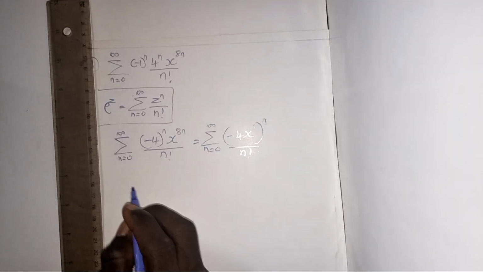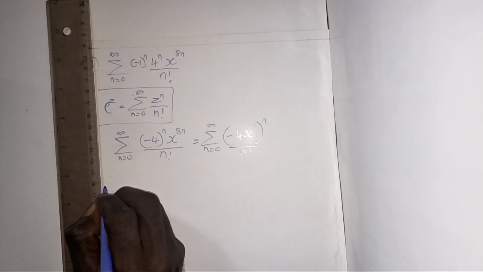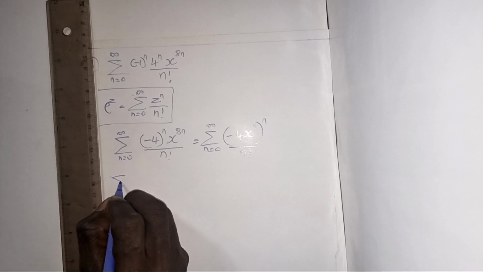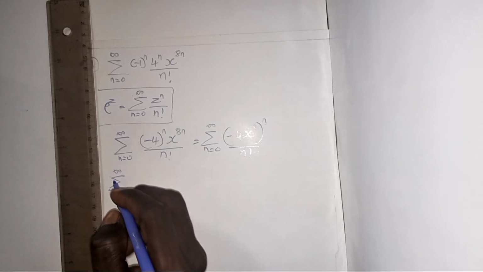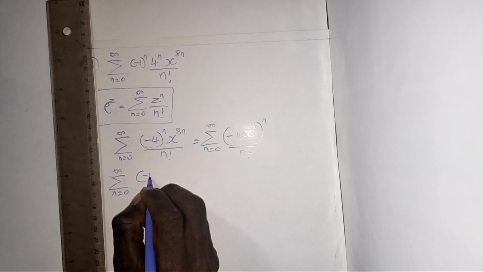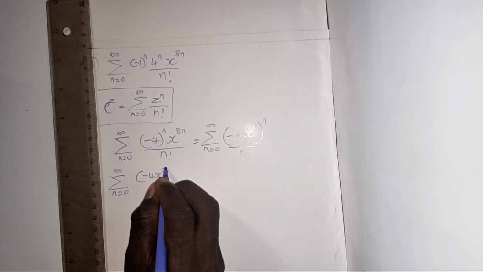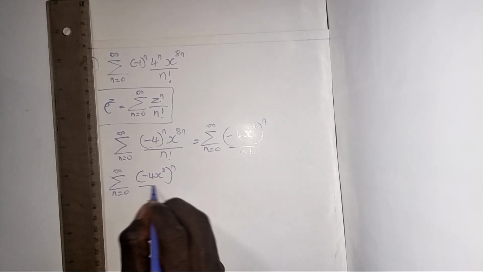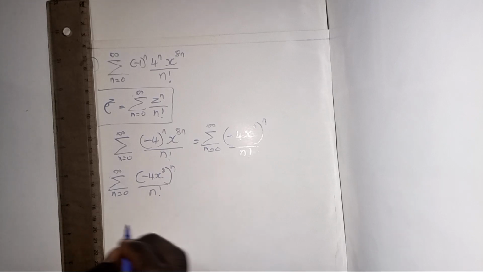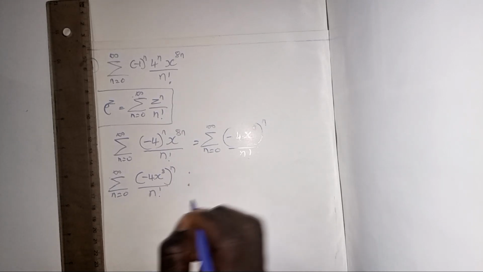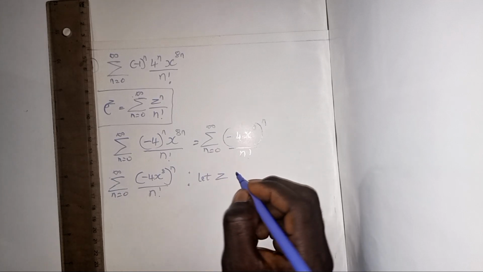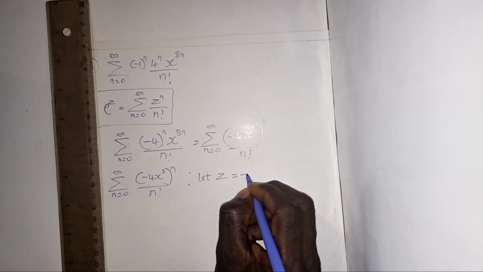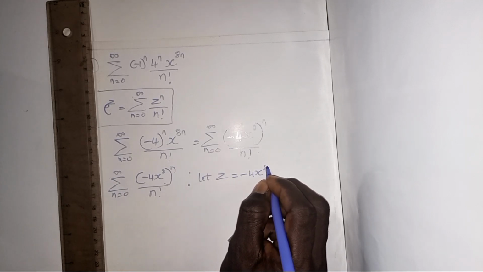So what we just need to do now is rewrite it for better view. We can say z equals minus 4x to the 8.